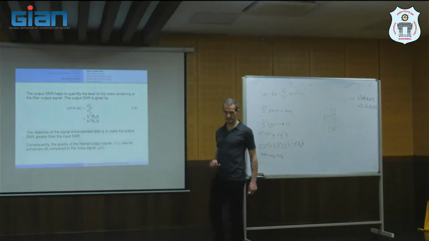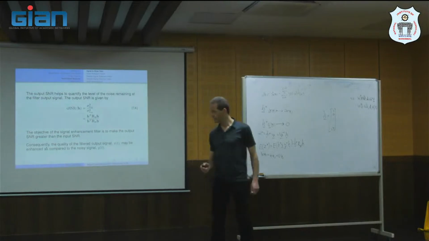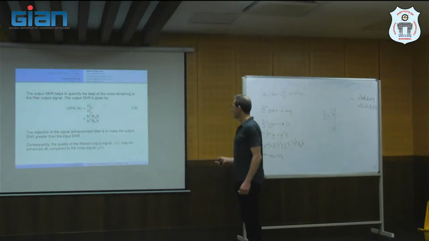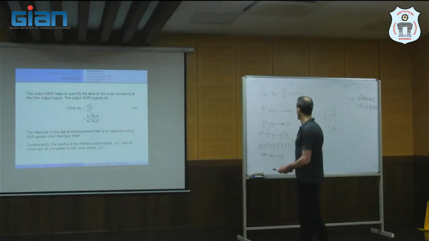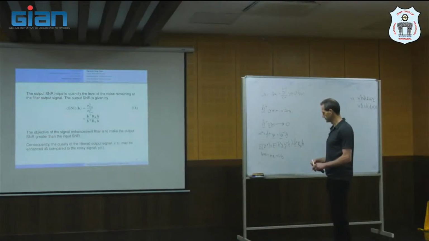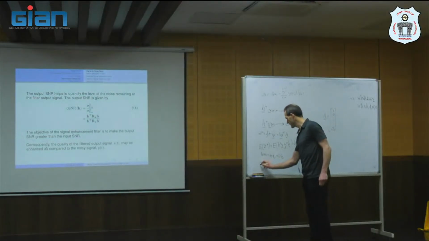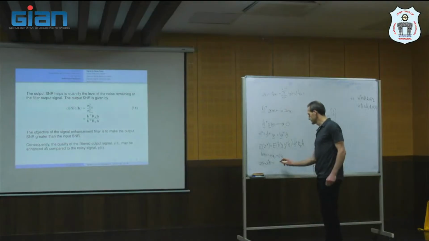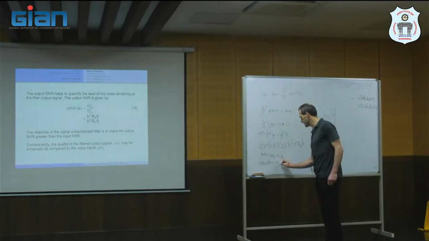What is the output SNR? We said that Zt, which is the estimate of xt, is X filter desired plus V residual noise.